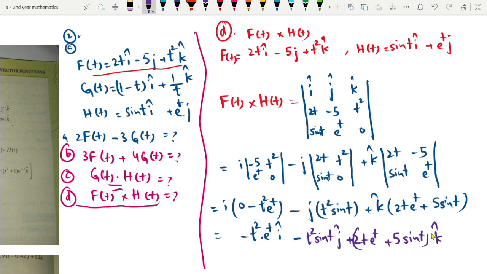So this is our cross product. In this way you take the cross product of the vectors. Now we will discuss question number 3.